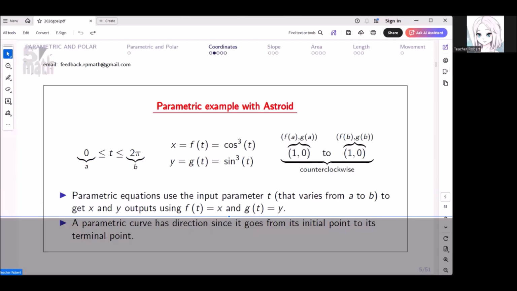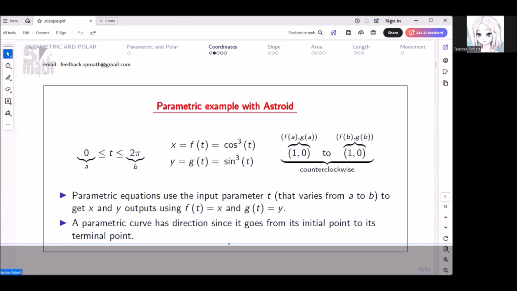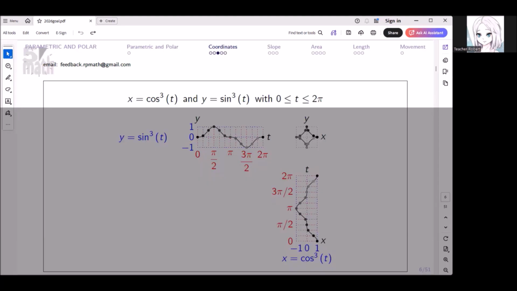Parametric equations use the input parameter t that varies from a to b to get x and y outputs using f of t equals x and g of t equals y. A parametric curve has direction since it goes from its initial point to its terminal point. X equals cosine t cubed and y equals sine t cubed with t greater than or equal to 0, less than or equal to 2 pi.